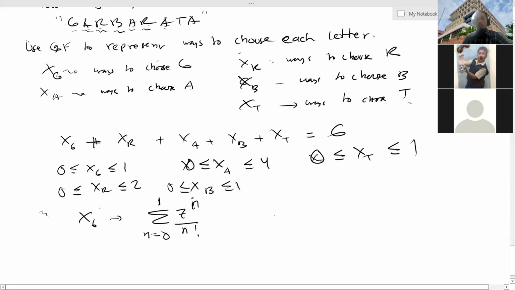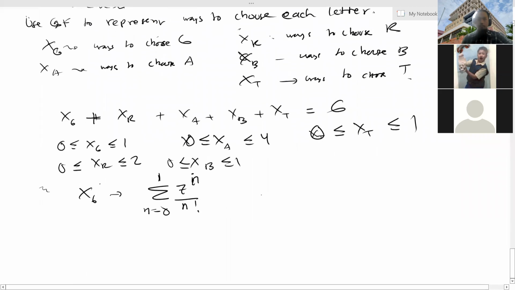What about XR? Similarly, up to 2, z to the power of n over n factorial.